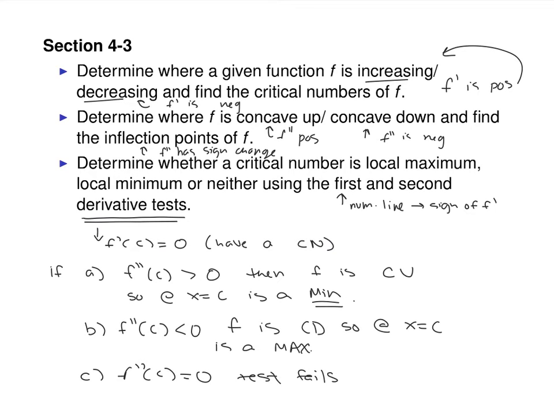That doesn't mean the point is neither, or that it's a max or a min. In this case, it could go either way. So you just don't know what's occurring at that point. You can't make any conclusions. Inconclusive is better than undefined, because undefined means doesn't exist somehow, but inconclusive just means you don't know. So saying cannot be determined is sort of better in some sense.